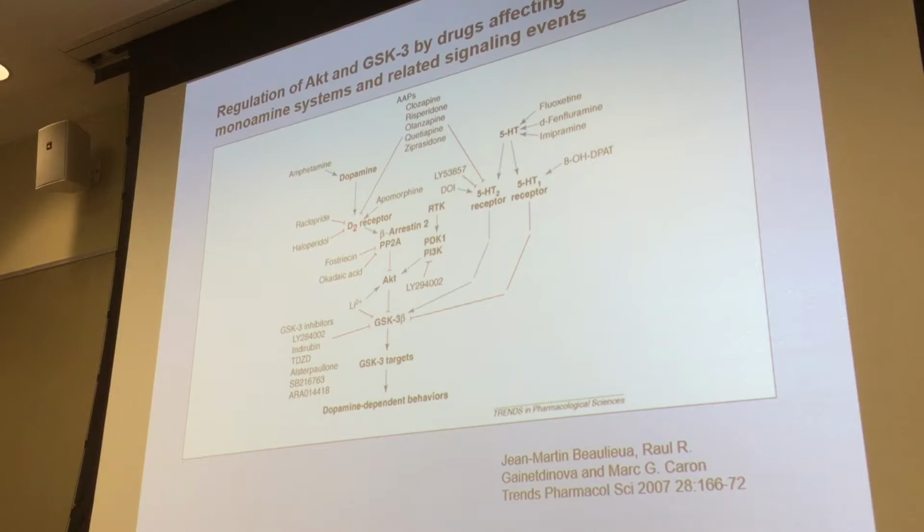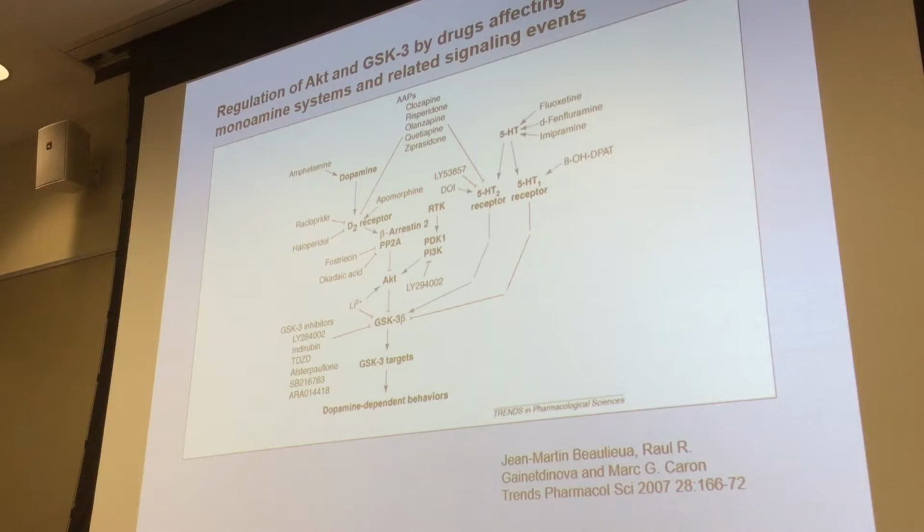Here's our example of our D2 receptor binding to beta-arrestin. That can call in the phosphatase that can take the phosphate off the AKT. Once the AKT is inactivated, that allows glycogen synthase kinase to become active, and it can interact with its target tissues.